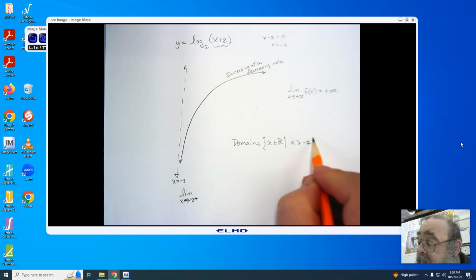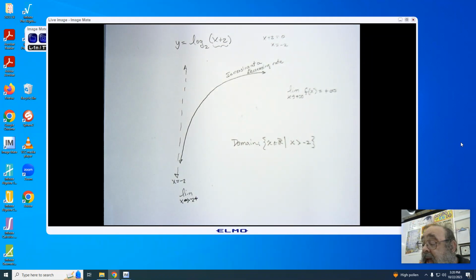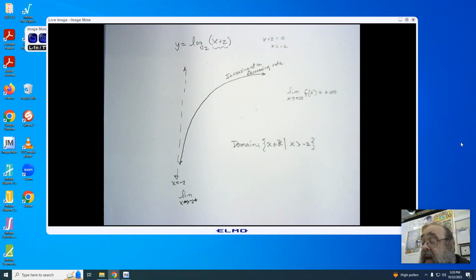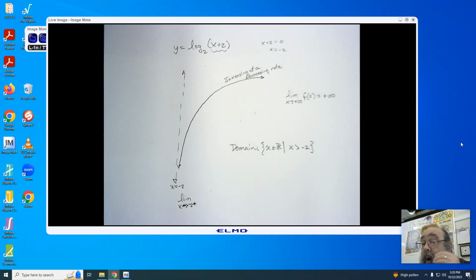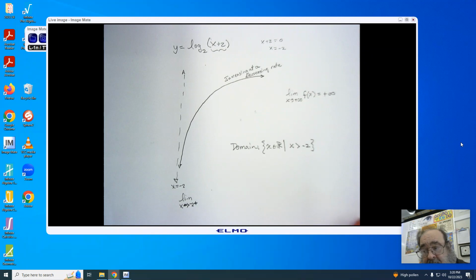Now, we can put our brackets around it. That does make it a nice domain. So this is our domain. We do know that there is a y-intercept when x equals 0, but that is actually solving, which is another skill that we'll take a look at shortly.